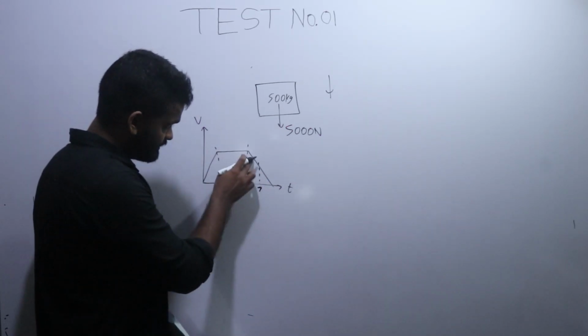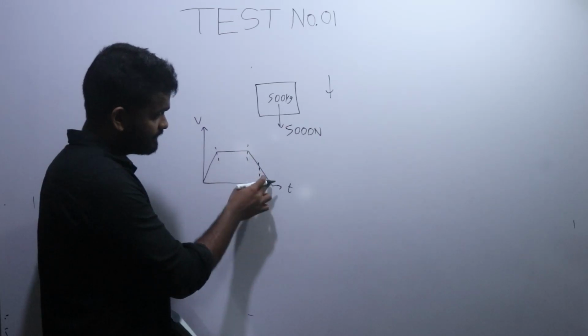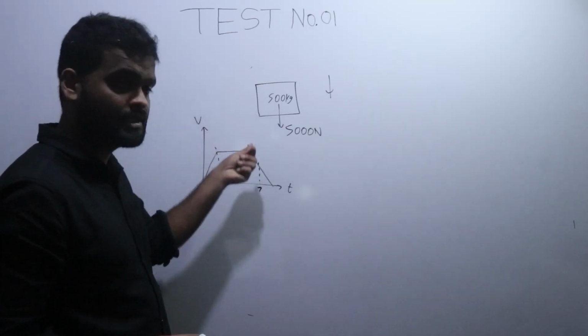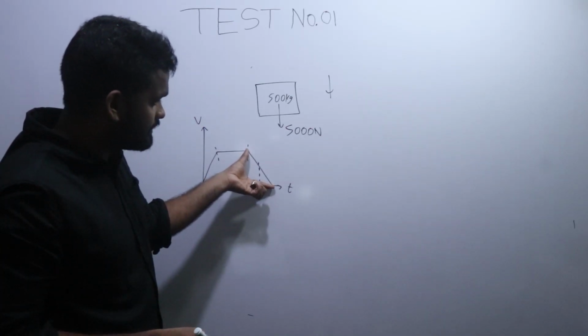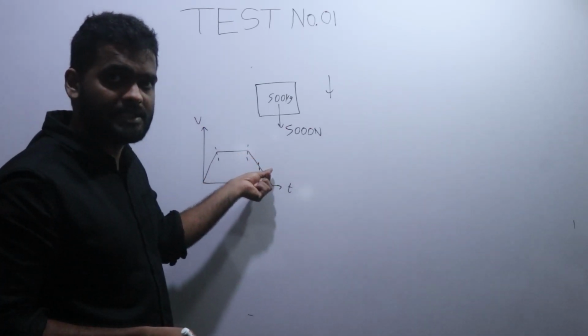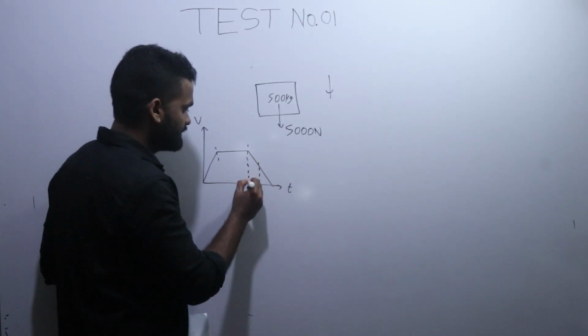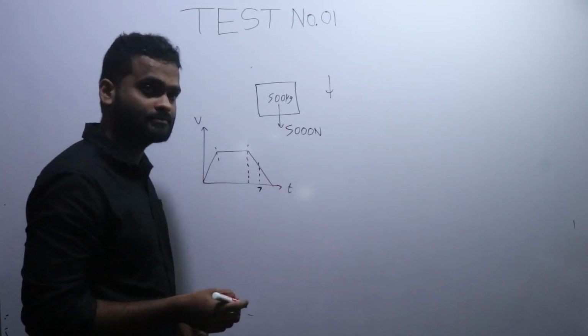When T equals 7, the lift is decelerating. Within that time period, the deceleration is a constant because this is linear. So we have to find the deceleration at this part.